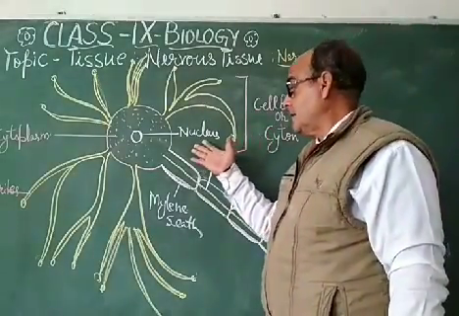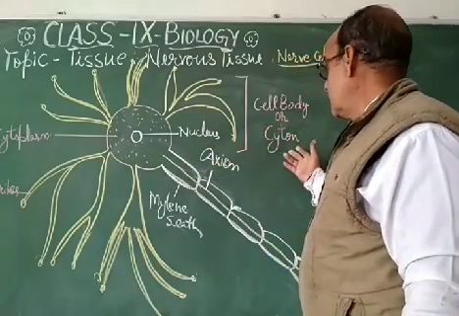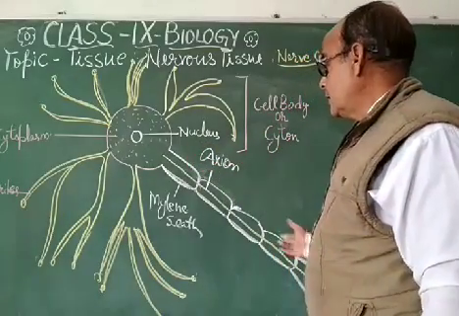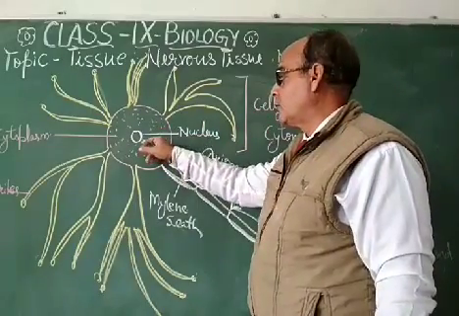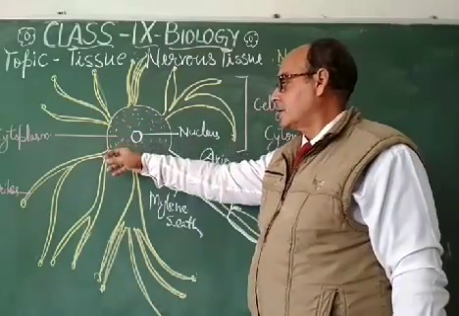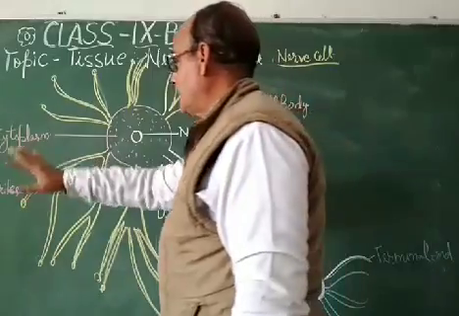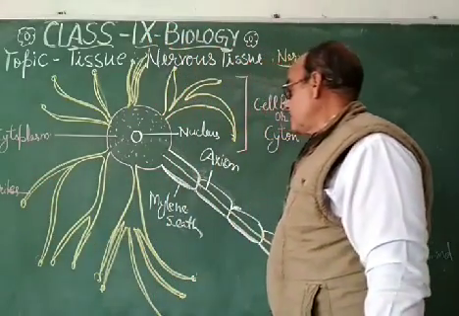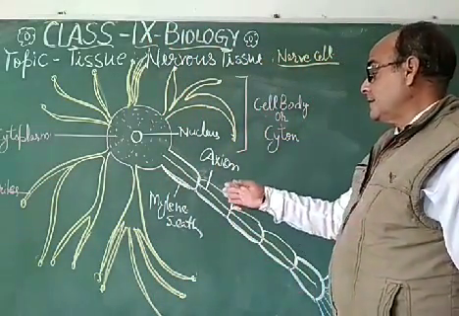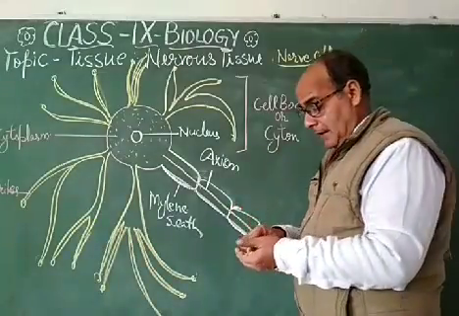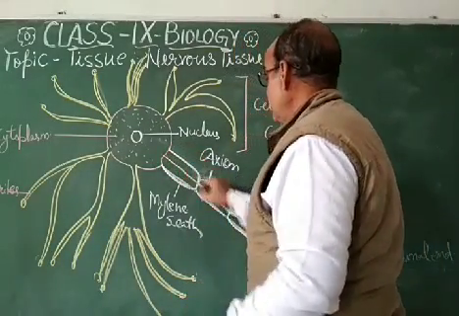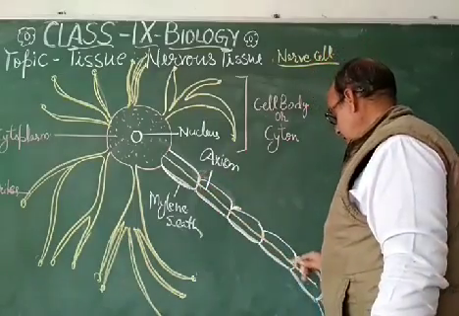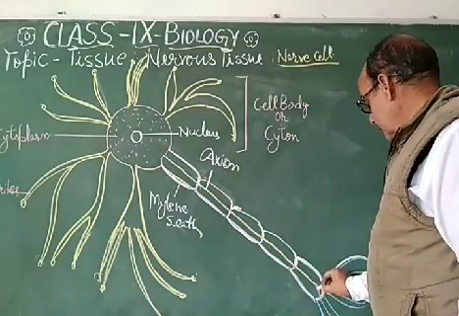This nerve cell consists of cyton and axon. Cyton is the main cell body that consists of the cytoplasm, nucleus, and dendrites. The branches are called dendrites. In the tail region, the axon is there, and this axon arises from the cyton and leads to the nerve ending.